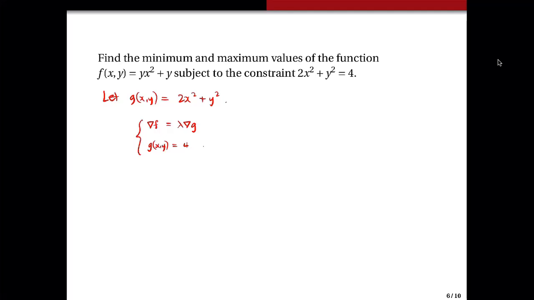And therefore, let's see the gradient of f. Partial derivative with respect to x first: that's 2xy, equals, for the function g, 4 lambda x.